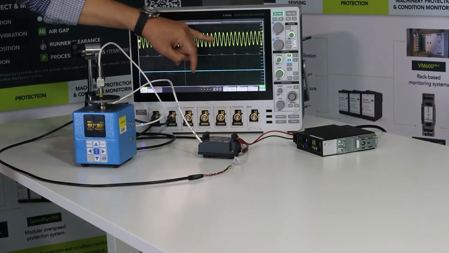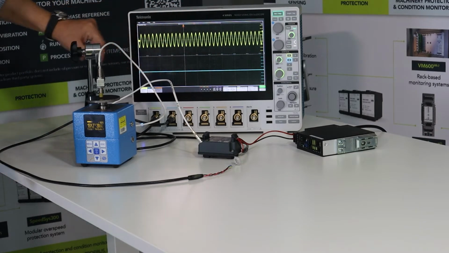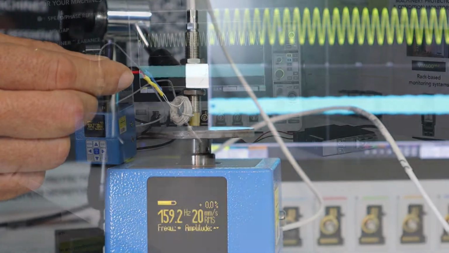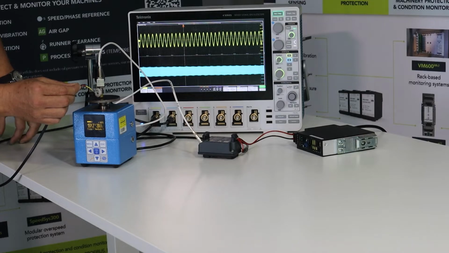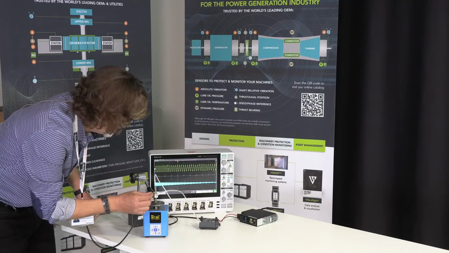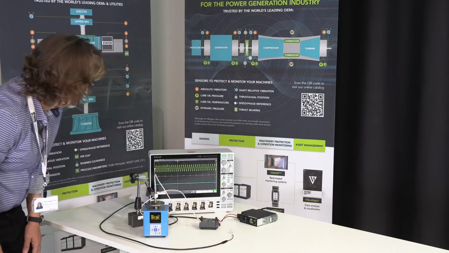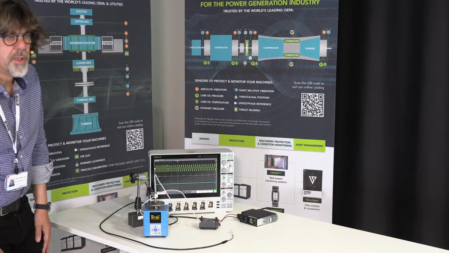So here is the signal of the shaker, and we can just have a quick look at the magnetic field, and we can see that it's at a higher frequency. So with the TQ, we are able to measure low frequency displacement.